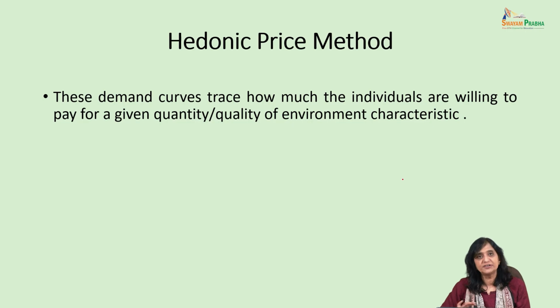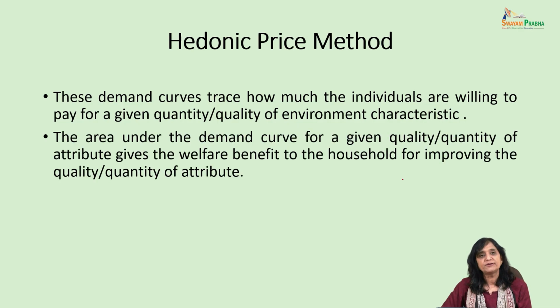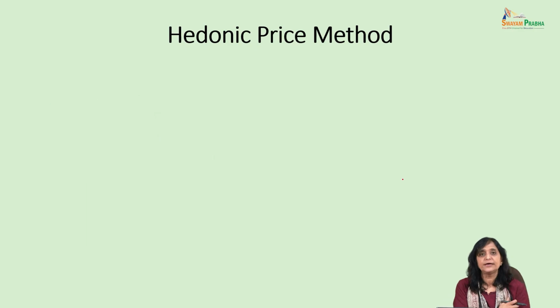Now, after you have derived the demand function and the price function, demand curves are derived for each individual, and then we aggregate the demand of all of these. By calculating the area under the demand curve for a given quality or quantity of the attribute, we can understand how much people are willing to pay for the improvement in that quantity or quality.